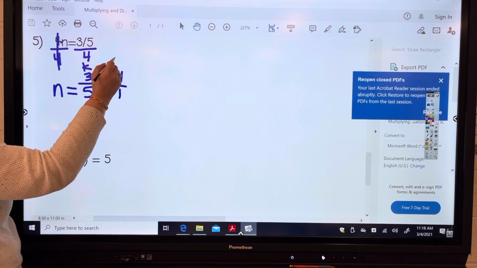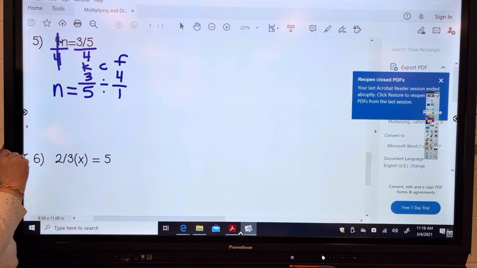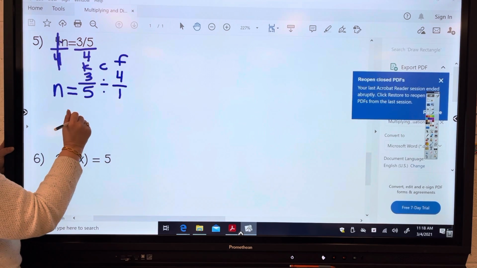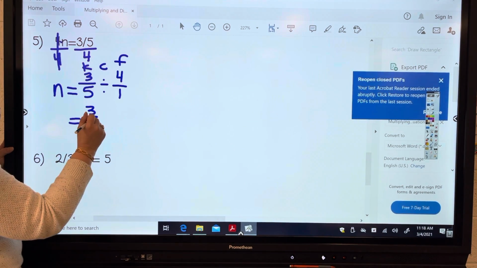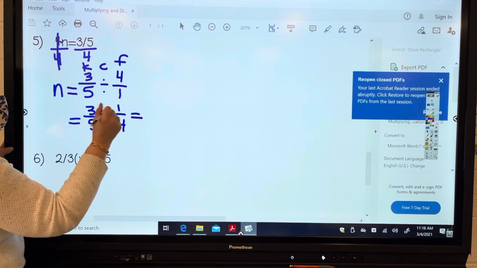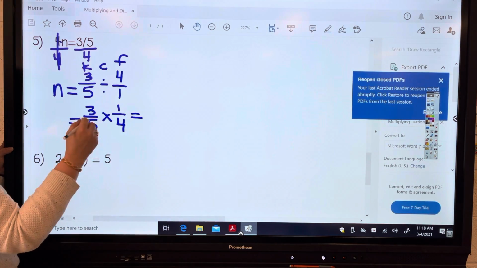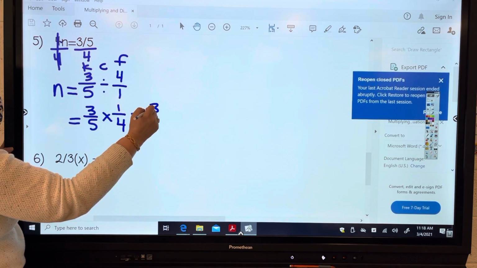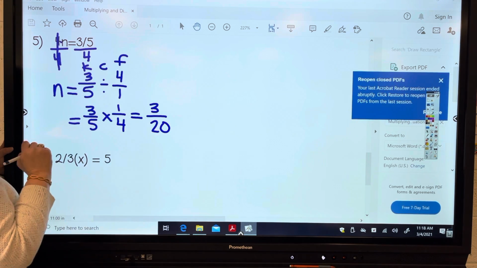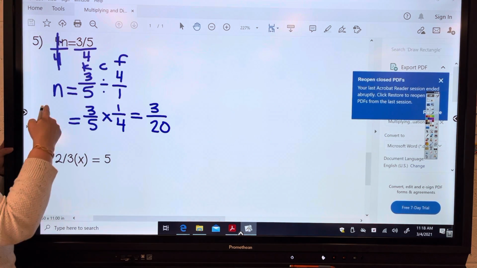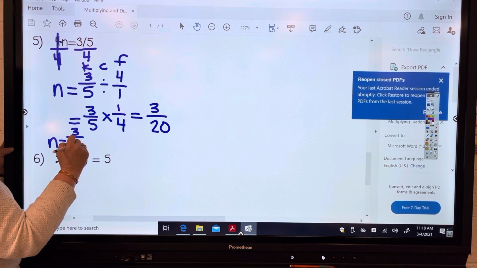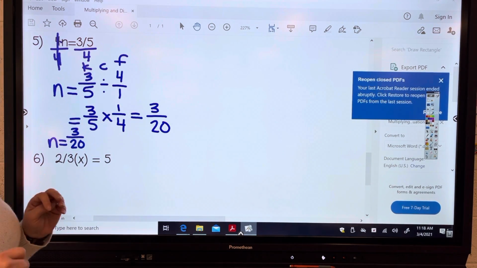Put a 1 over the 4. Keep, change, flip. So 3/5 times 1/4. 3 times 1 is 3. 5 times 4 is 20. So n equals 3/20.